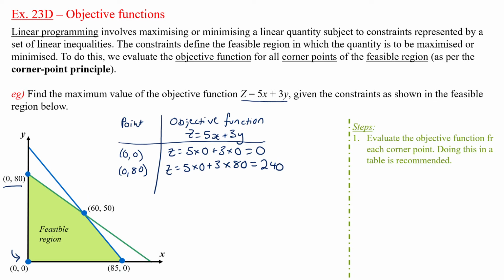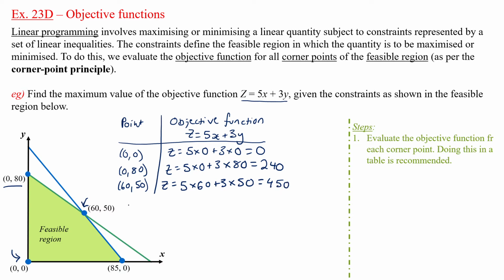We continue to move around. We look now at this corner point here, 60, 50. Again, we evaluate z equals 5 times 60 plus 3 times 50. You can do this in your head or using a calculator, but 5 times 60 is 300, and 3 times 50 is 150, and when we add those two together, we get 450.